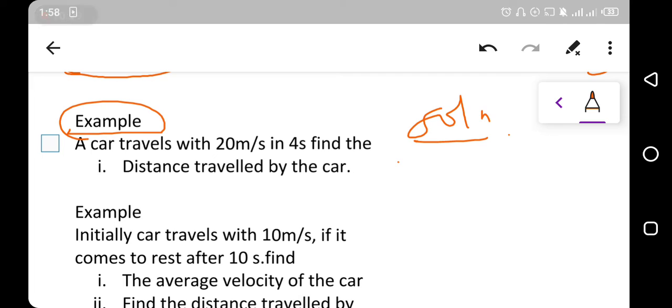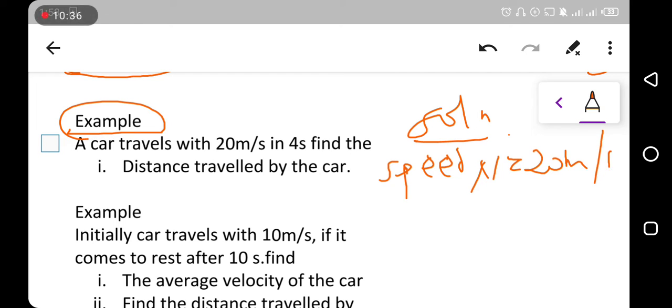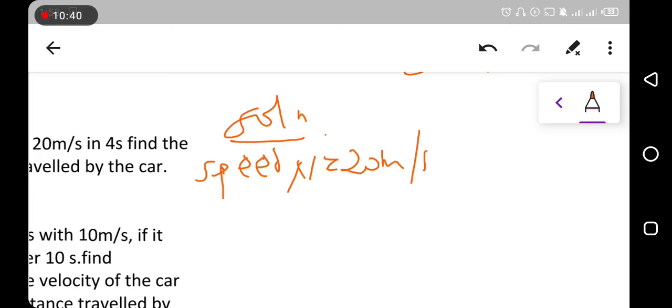So you have the speed, that is, v equals 20 meter per second. We are given the time, t equals 4 seconds.